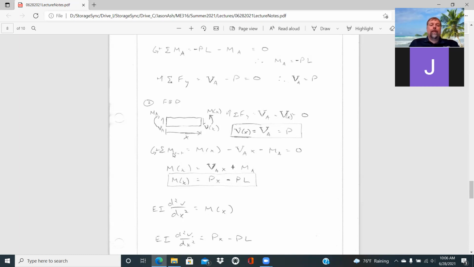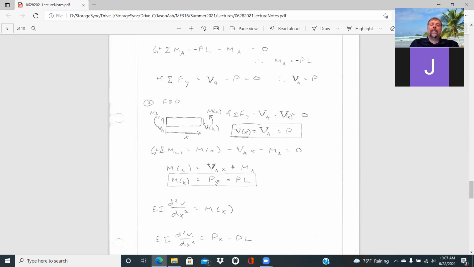And then summing the moments about the cut, you would have M of x, that's the moment as a function of x, minus VA times x minus MA is equal to 0. And so the moment as a function of x is equal to VA x plus MA.